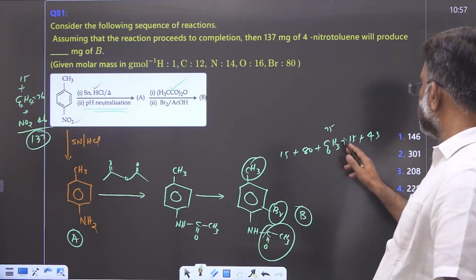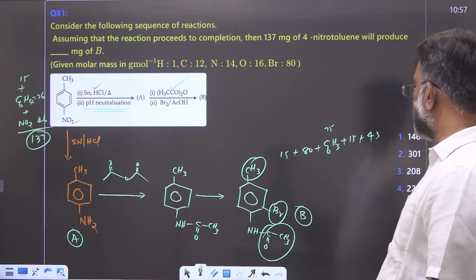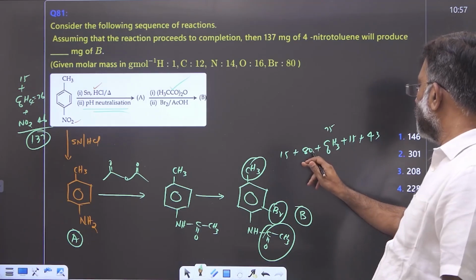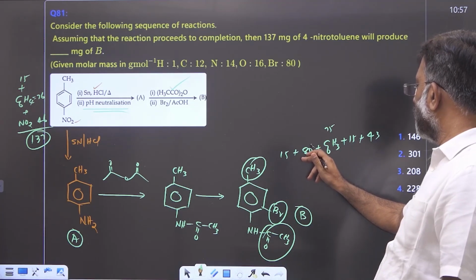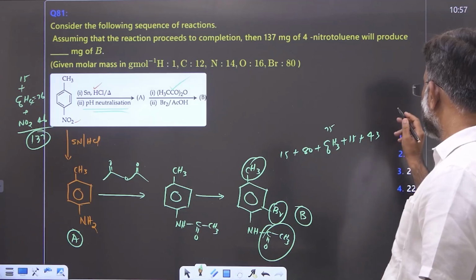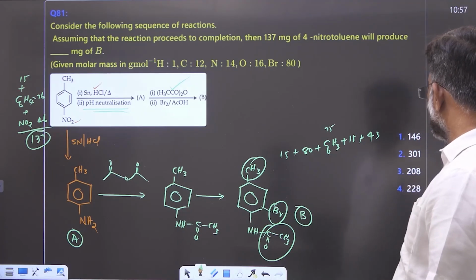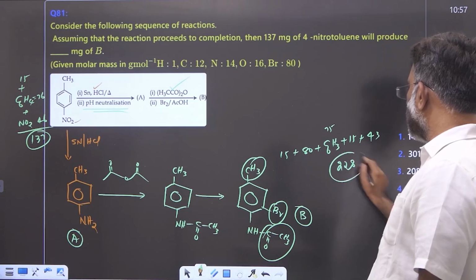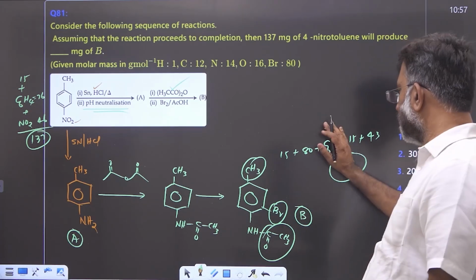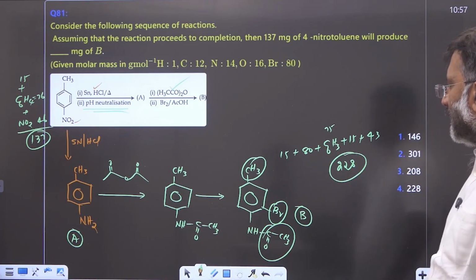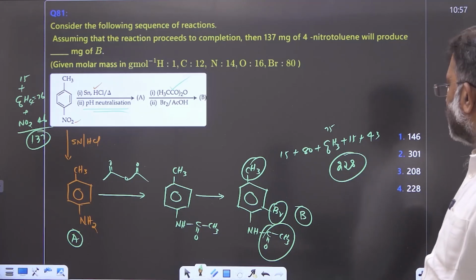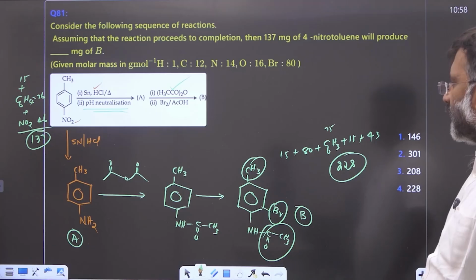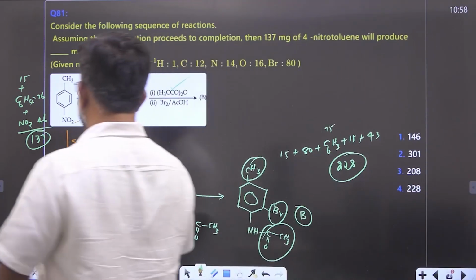So 75 plus 15, 75 plus 30, 105, 185, 228. You will get 228 as the molar mass of the product here. Please verify whether I made some mistake. Isn't it 228? So 137 is the molar mass here.